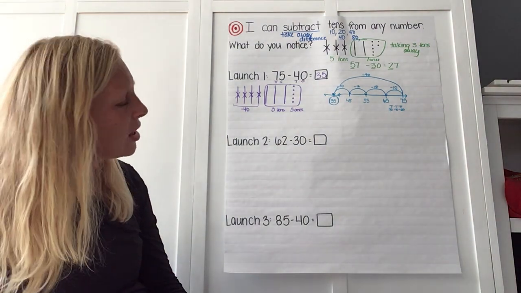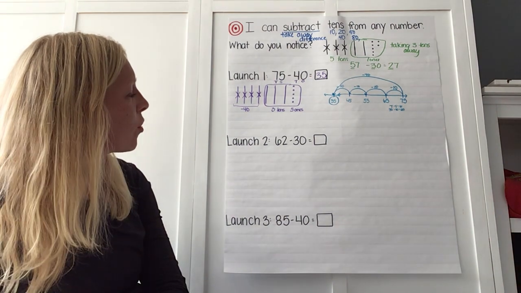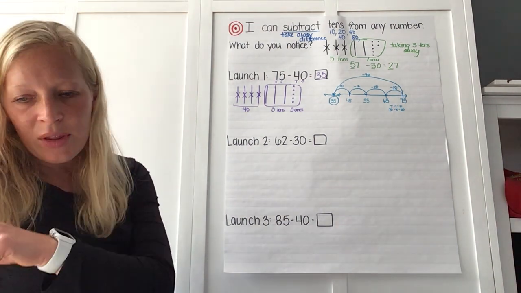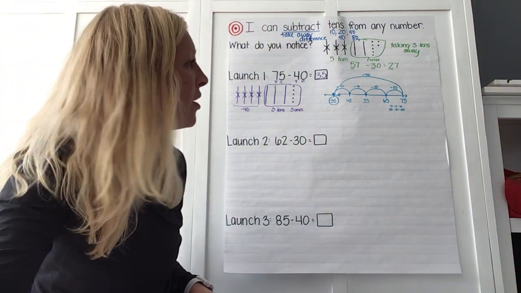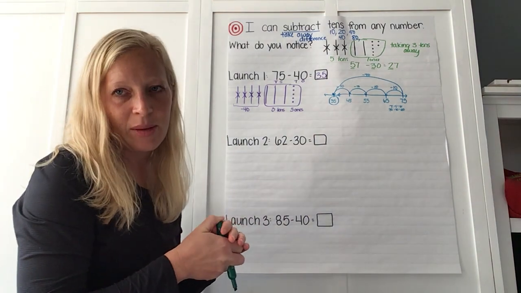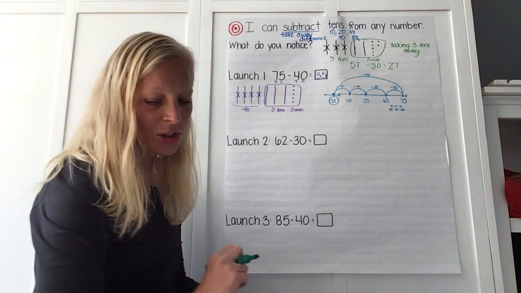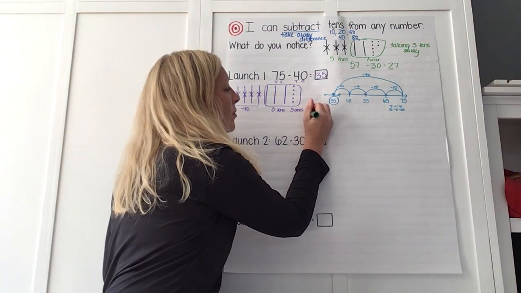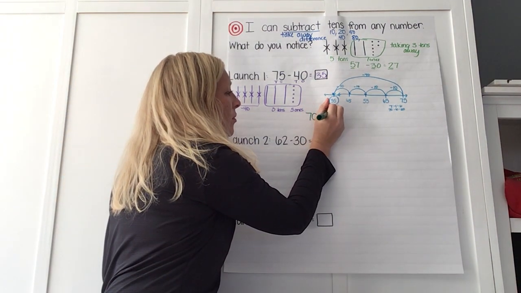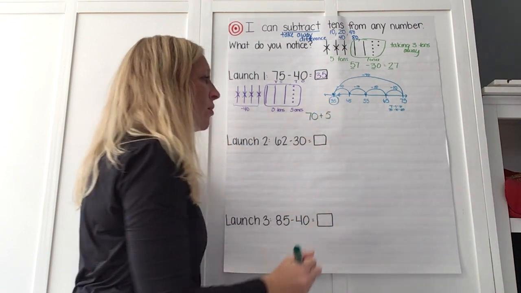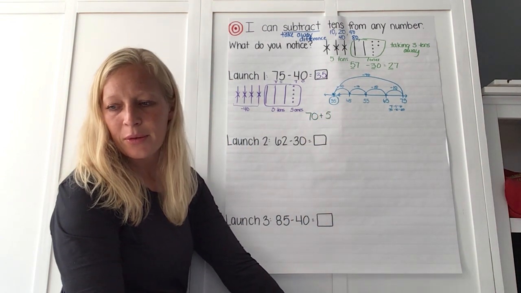Very good. I have one more model I want to show, and I want this friend to share it over here, and then we'll take a peek and see what we notice about it and how it connects these two strategies together. What did you do? Why did you write 70 plus 5?